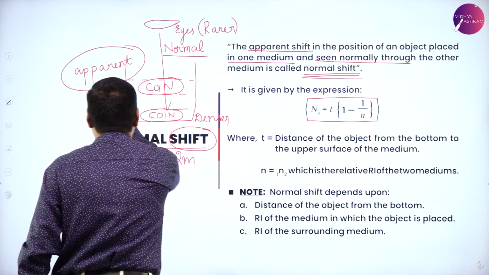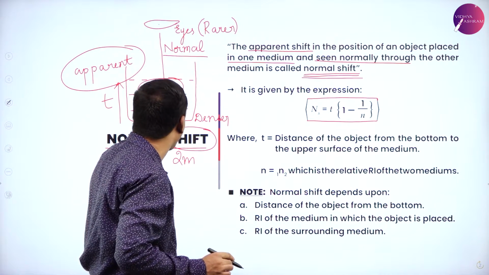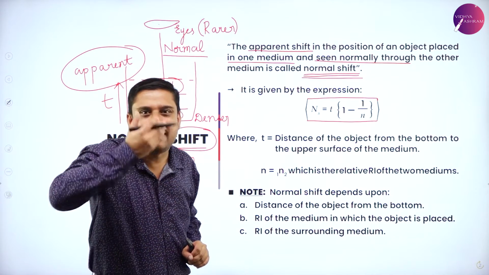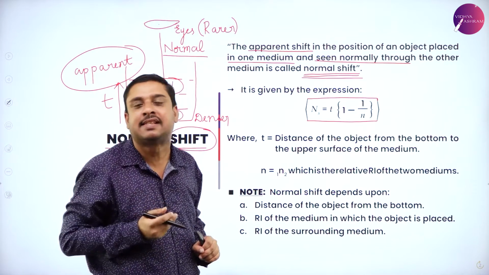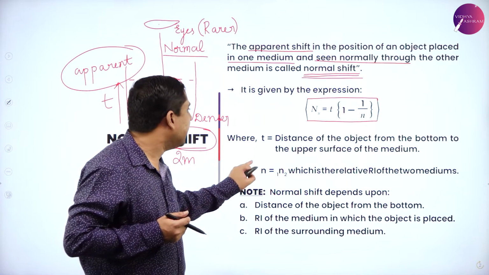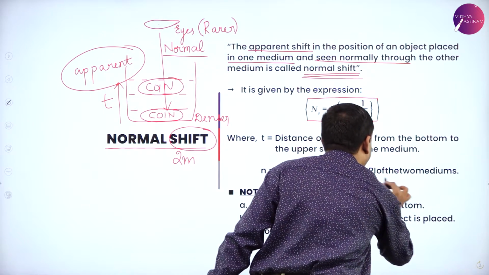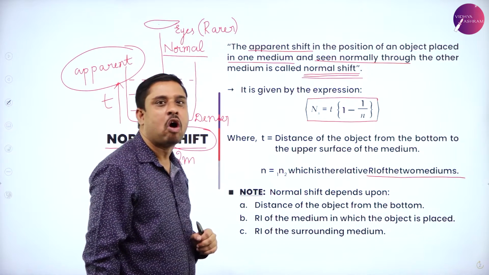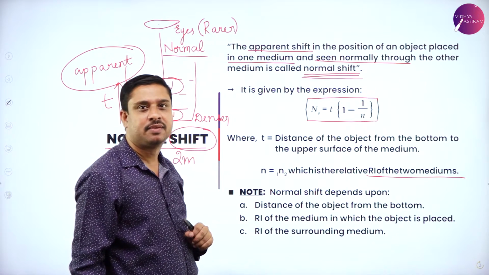It is the distance of the object from the bottom to the surface of the medium. Whatever apparent shift has taken place, that is represented as T. And N is N12, the refractive index of the two mediums. It is called relative refractive index.